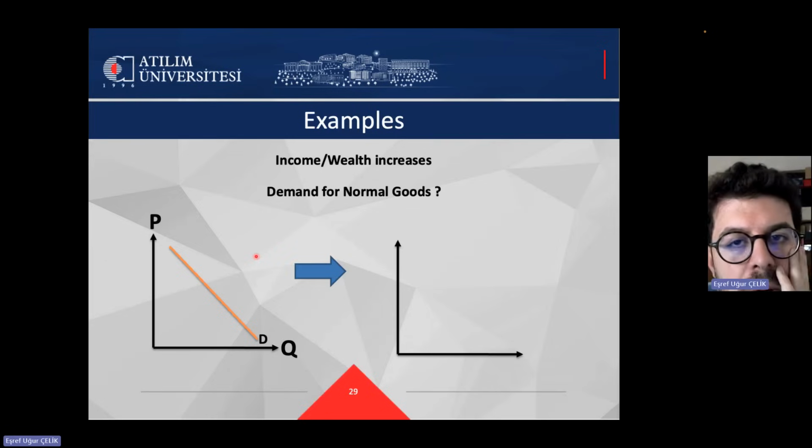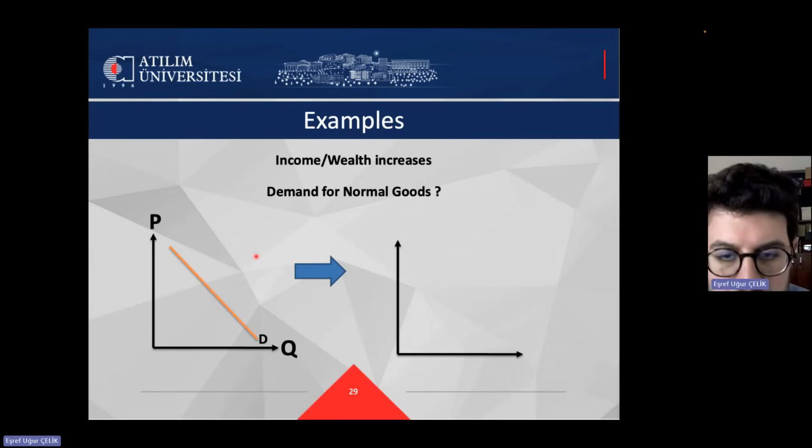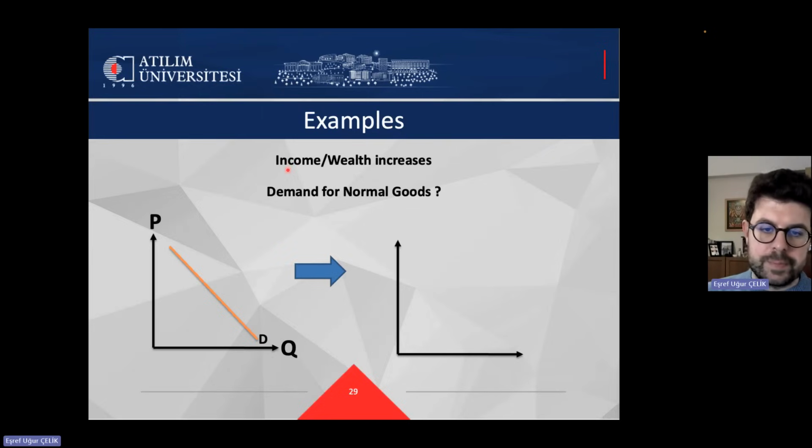I'm going to show each of them individually, then we can put them together on the demand and supply side. I'm going to focus in more detail on examples for understanding easily.